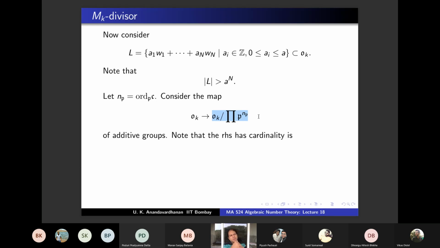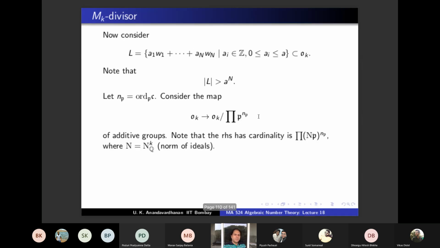By definition, it is norm P, norm as an ideal. So the right hand side has cardinality the product over norm P power NP. Look, this will be a finite product finally, because NP will be 0 at almost all the places. So this is a finite product. Here norm is the norm of an ideal from K to Q.